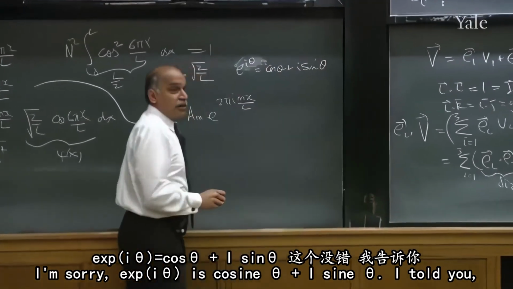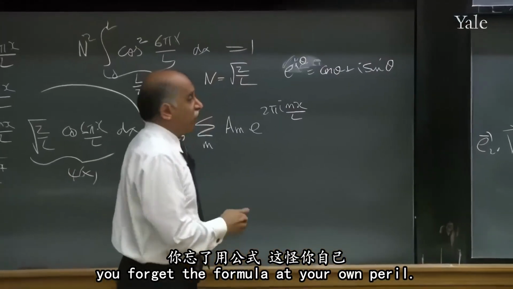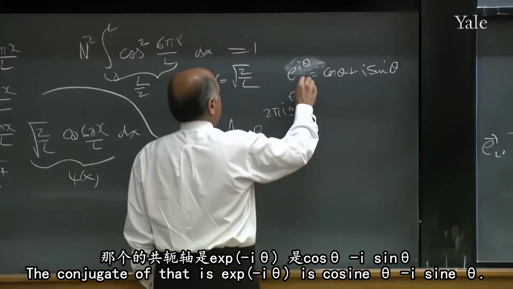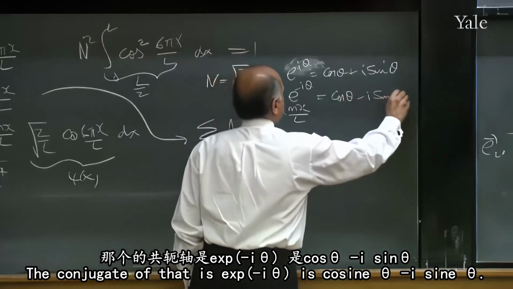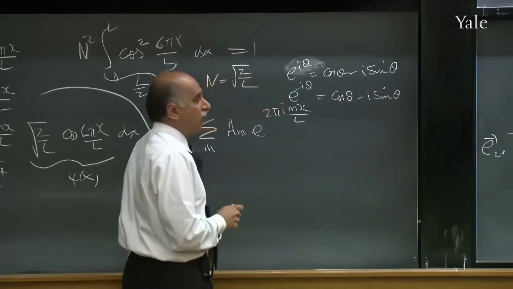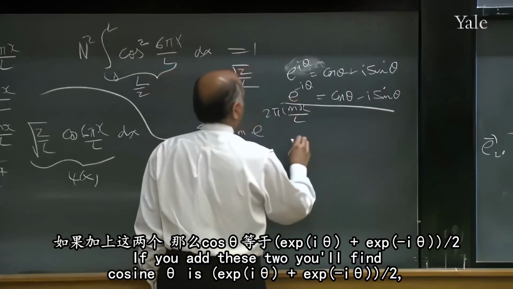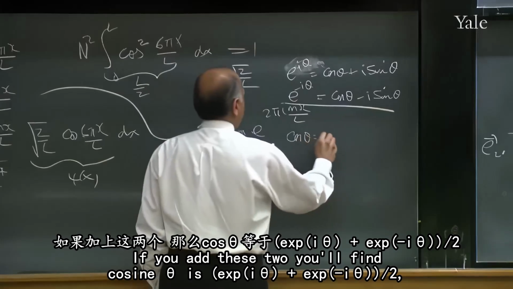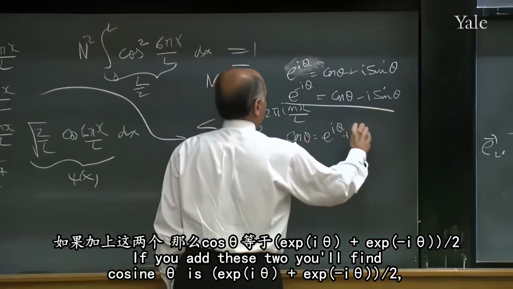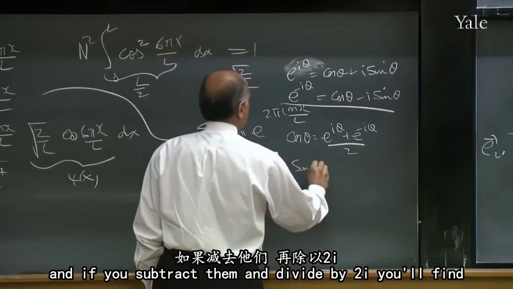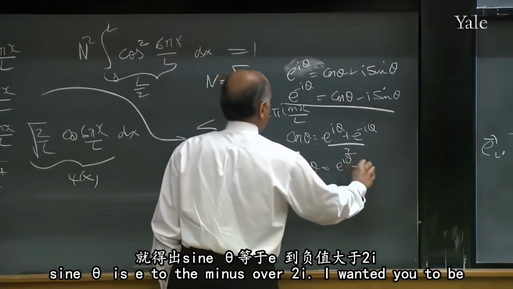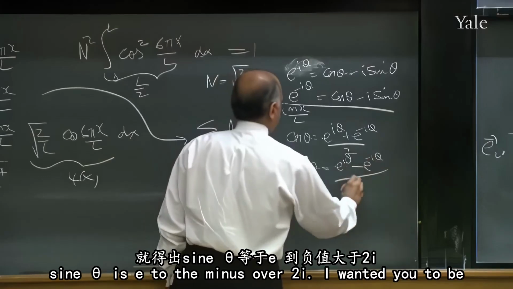I told you, you forget the formula at your own peril. The conjugate of that is e to the minus i theta is cosine theta minus i sin theta. If you add these two, you will find cosine theta is e to the i theta plus e to the minus i theta over 2. And if you subtract them and divide by 2i, you will find sine theta is e to the i theta minus e to the minus i theta over 2i.